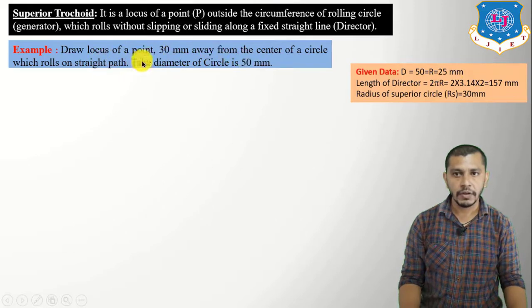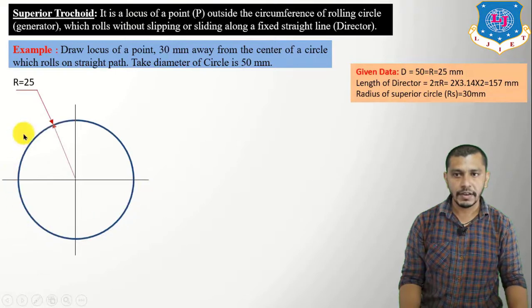We are going to take one rotation of the circle, so the length of the director will be equal to 2 pi r, which is again 157 mm. And we have to draw a locus of a point which is 30 mm away from the center of the rolling circle. So first of all, draw the rolling circle having radius equal to 25 mm.